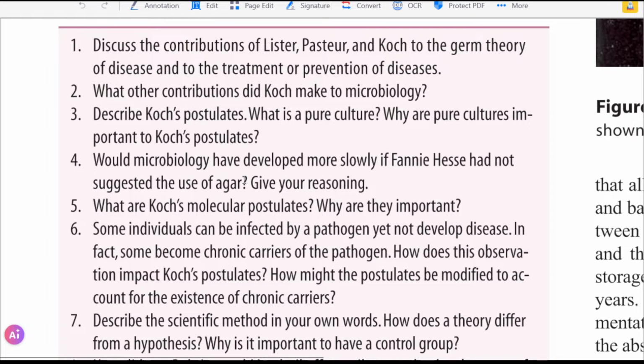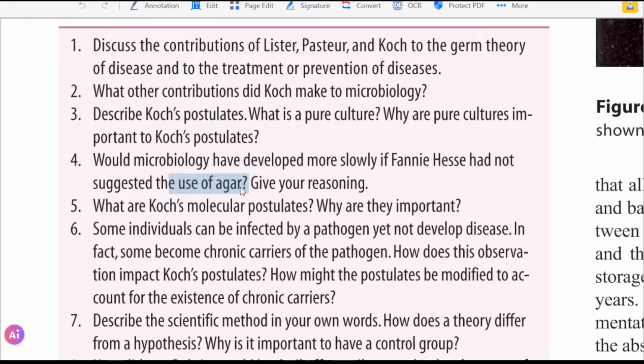So it all depends on whether they found out the use of agar, because we don't have that many alternatives to agar. Give your reasoning. Yeah, I told you my reasoning. It doesn't have problems and it is such a quick source of nutrients, unlike serums.